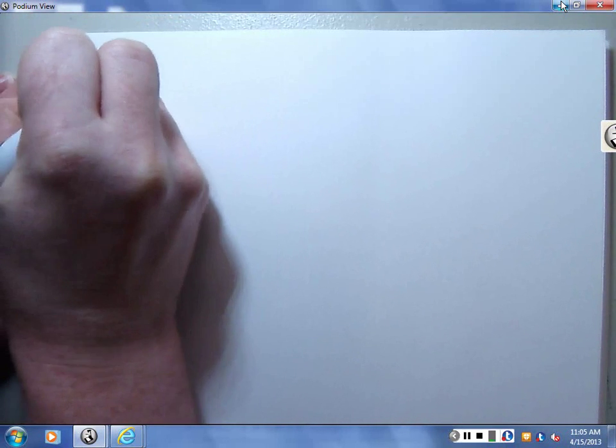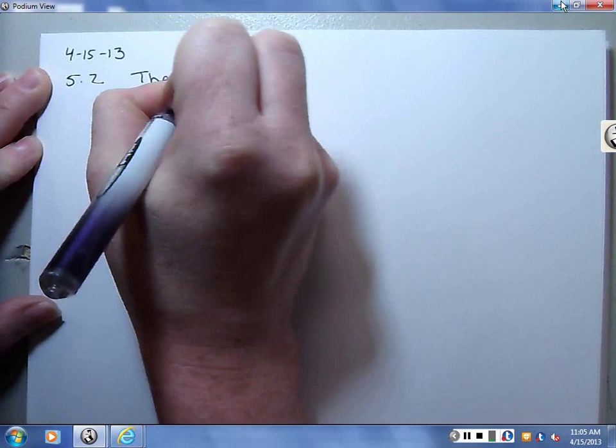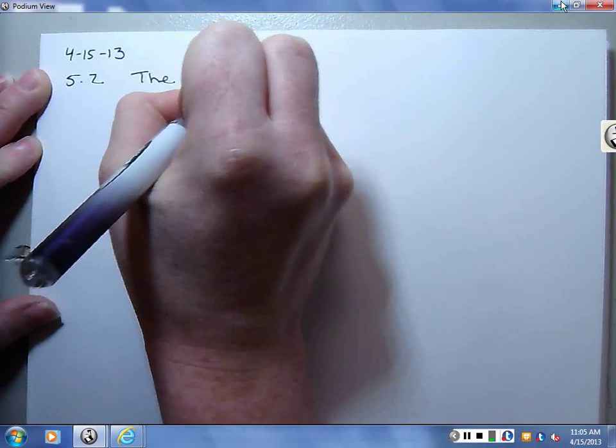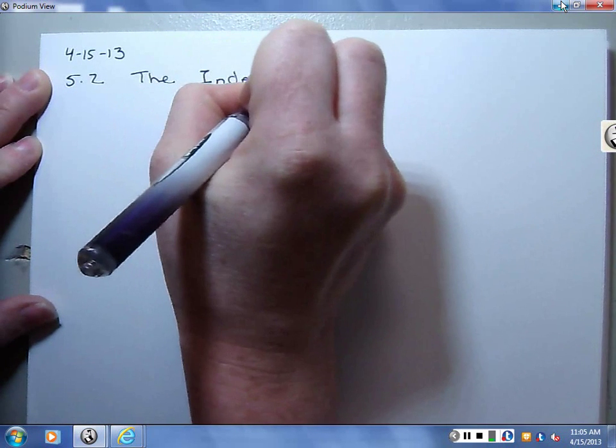So 5.2 is the indefinite integral section. Today is the 15th. 5.2, the indefinite integral.